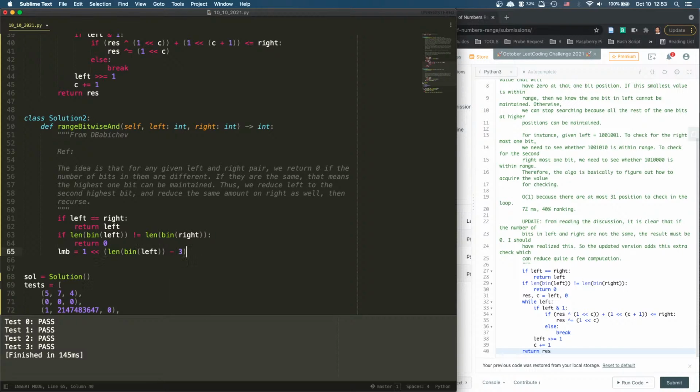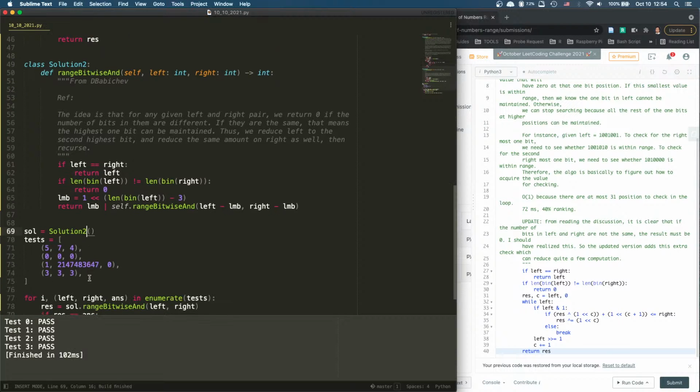That gives us the leftmost bit value. So we're going to return this. I think OR is fine. We're going to OR self.range, with left minus this. We take that away, so it's the remaining of the left. And to compare, we have to take out exactly the same on the right. The right minus this. So solution 2. Very good.